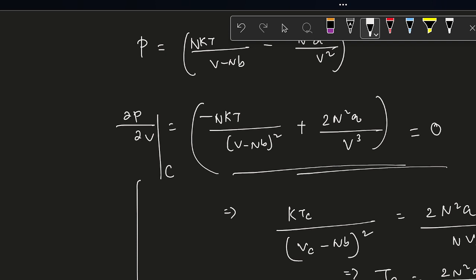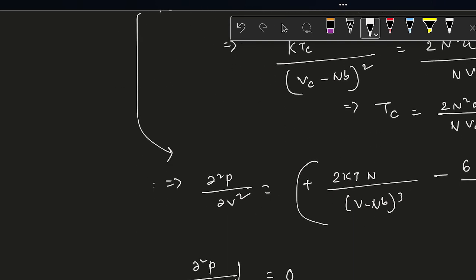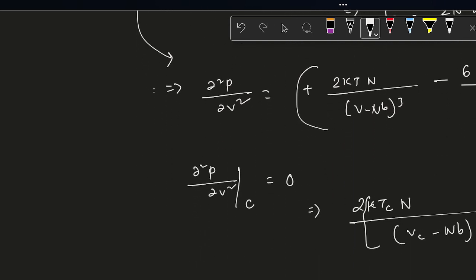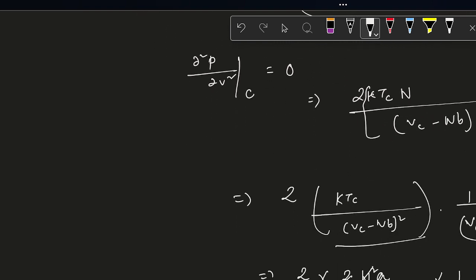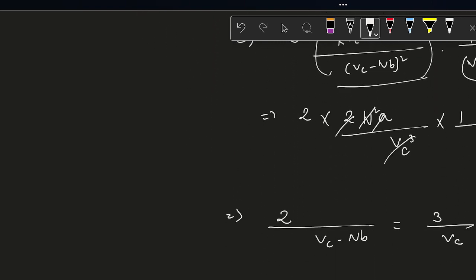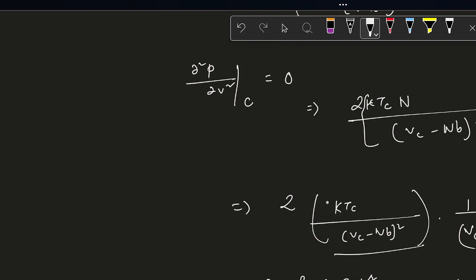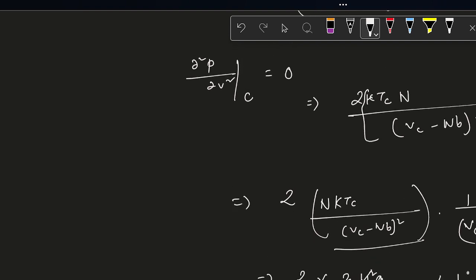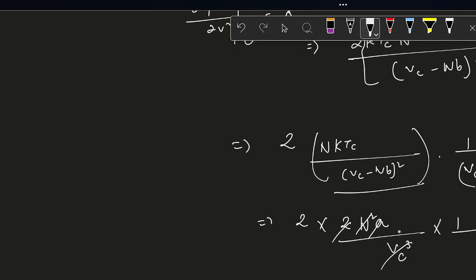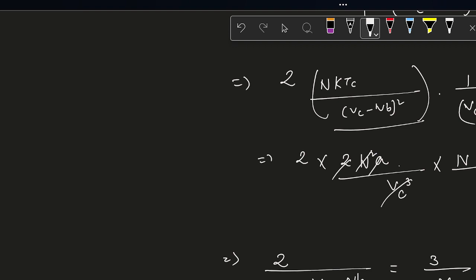So this is again in left, this will have an n in left here, and this will be like n in VC.